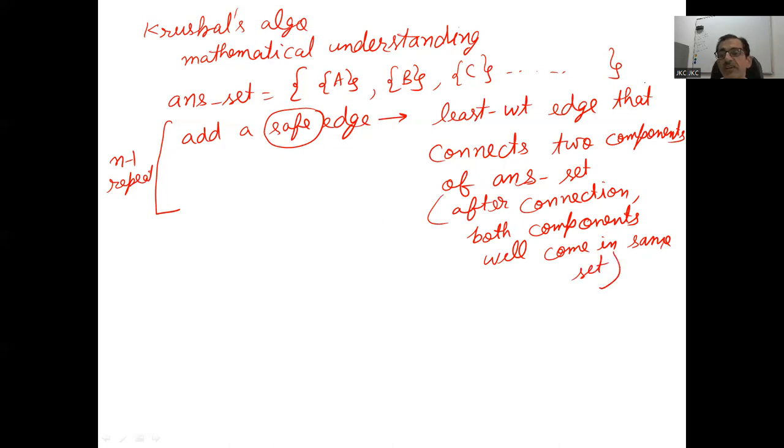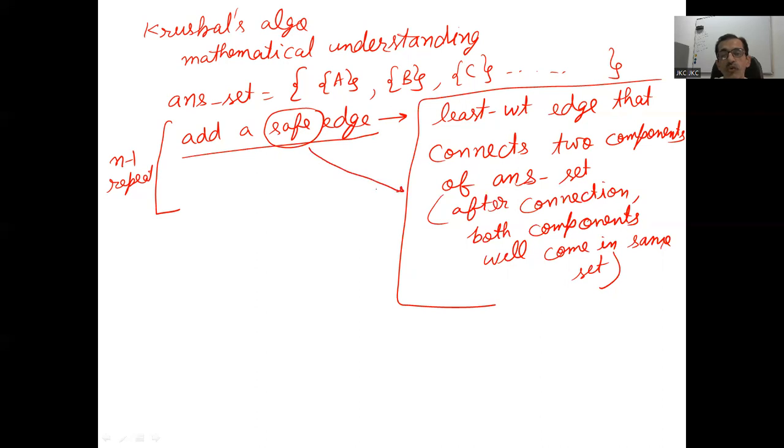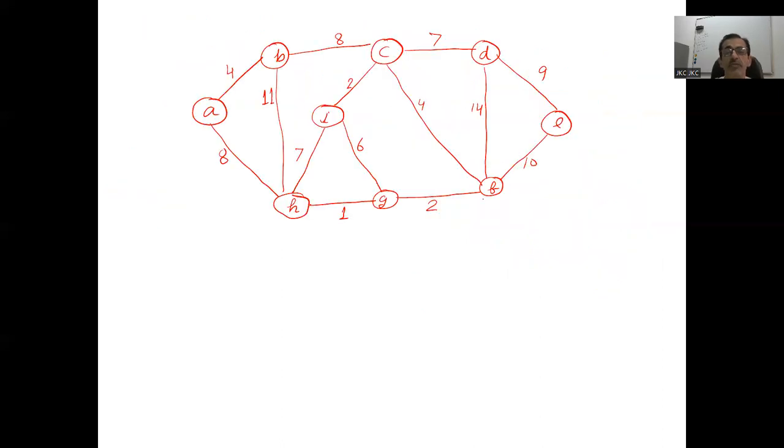If you remember, every time we just have to add a safe edge to set A, in a way that it is a least weight edge that connects two components of the answer set. This explains effectively everything. Let's take an example. It will be clear from this graph, which I am using.